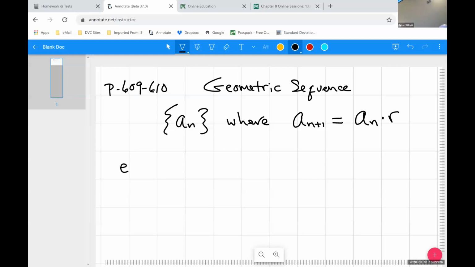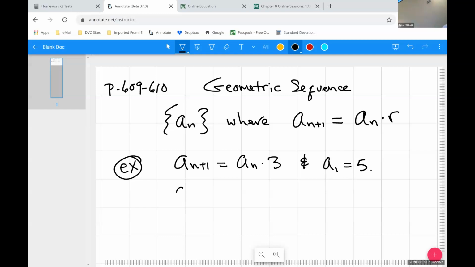So let's put an example on this. Let's say you have a sub n plus 1 is equal to a sub n times 3, and let's say that the first term is 5. So this tells us that every time I go to the next term, I multiply by 3.